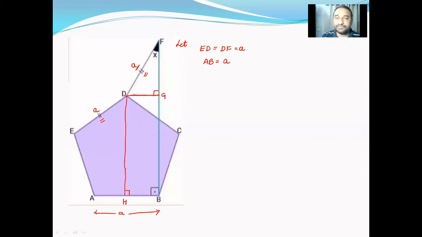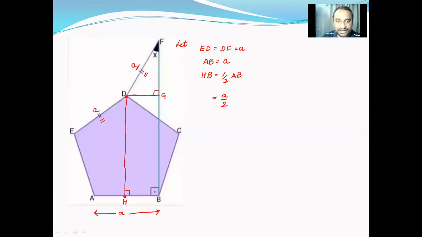If you look at the figure properly, then this exactly should come at the center of AB. So if AB is A, then HB is nothing but half of AB, so it is A by 2.